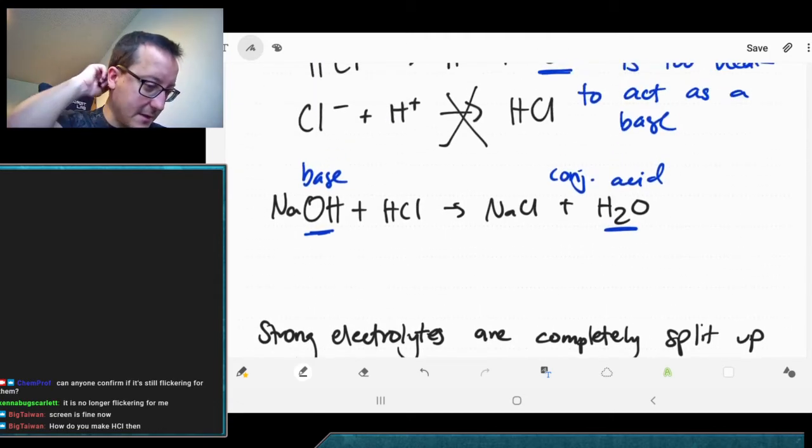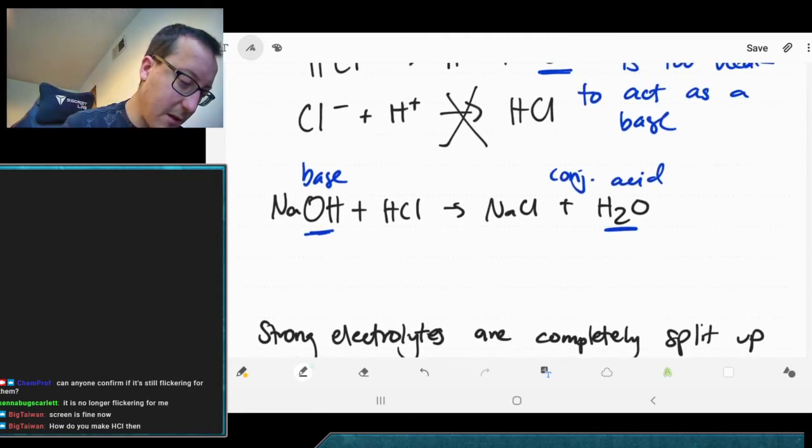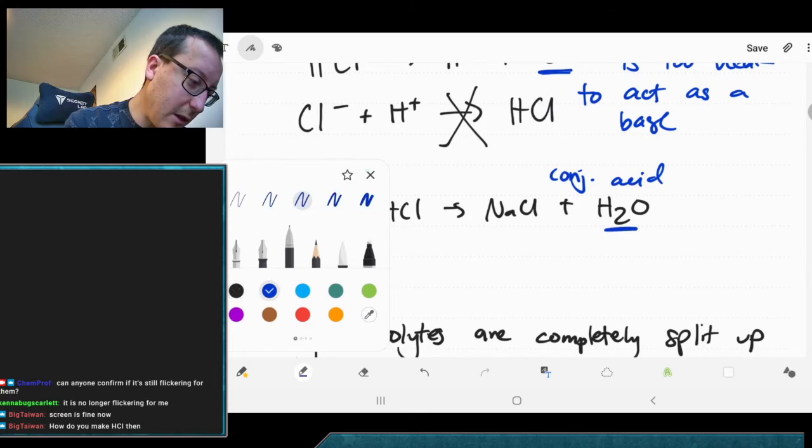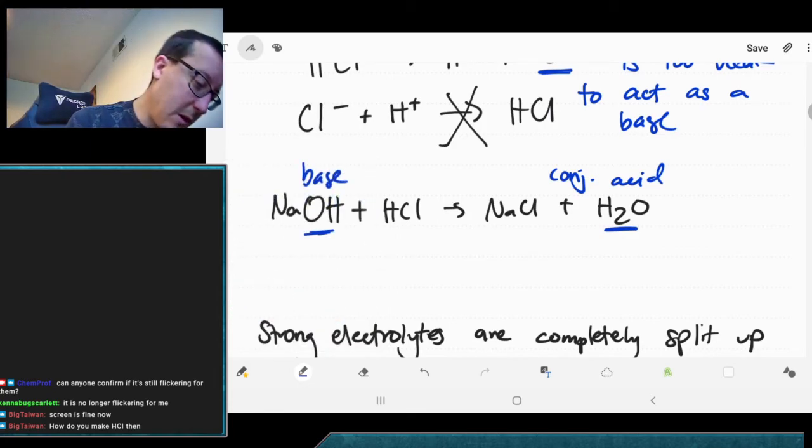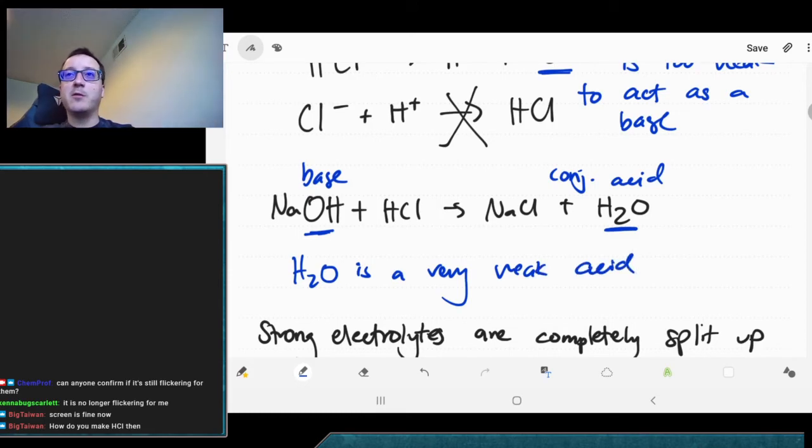Alrighty, so with this, let me hop back here real quick. If we look, NaOH is going to be a strong base for us because water is a very weak acid. Normally, when we think of water, we don't think of it being an acid, right? We don't really call it hydroxalic acid, even though we could, because it's a very weak acid.